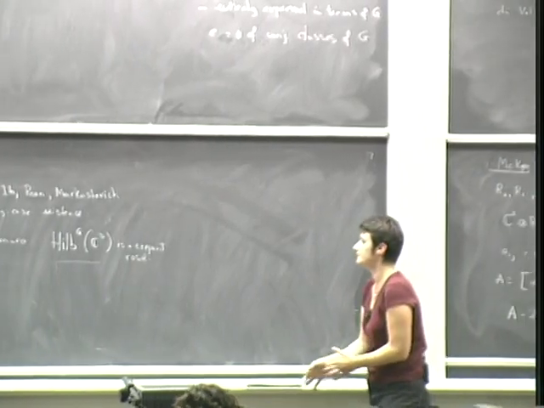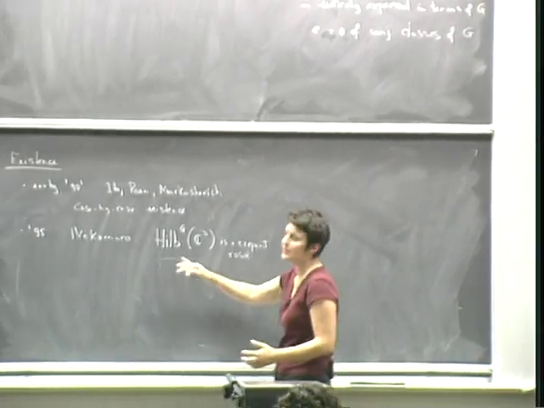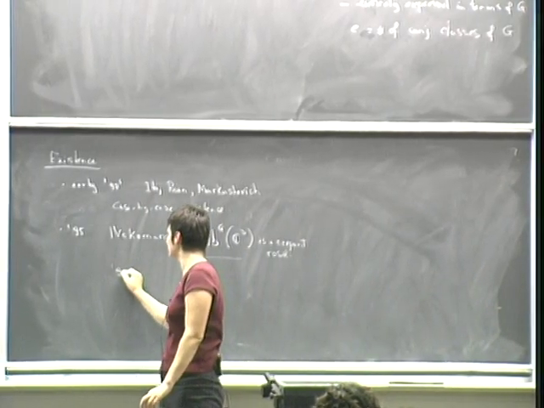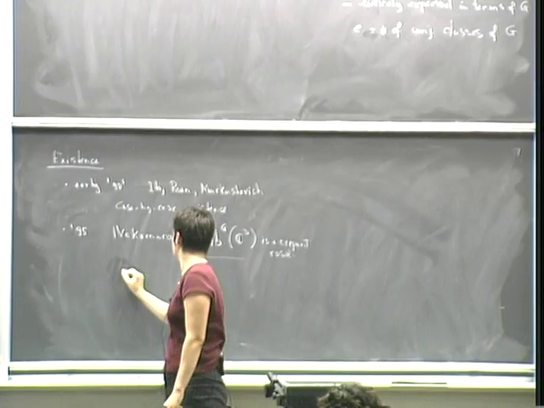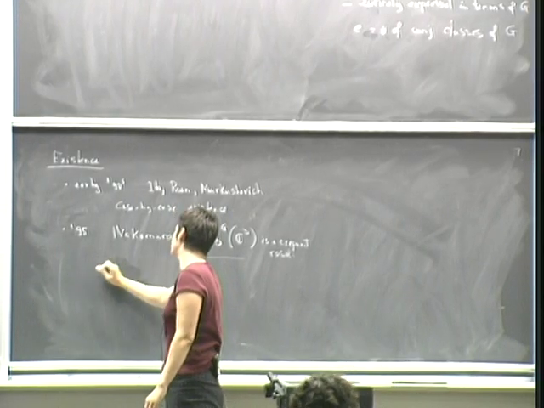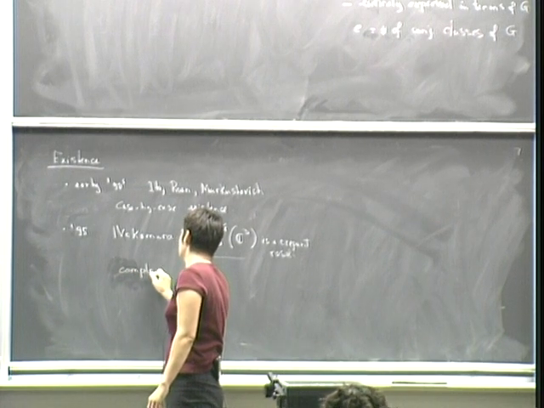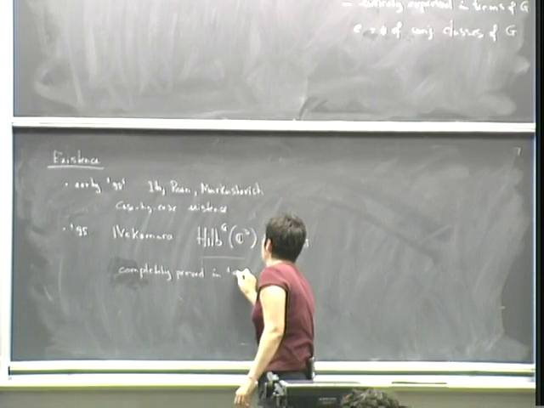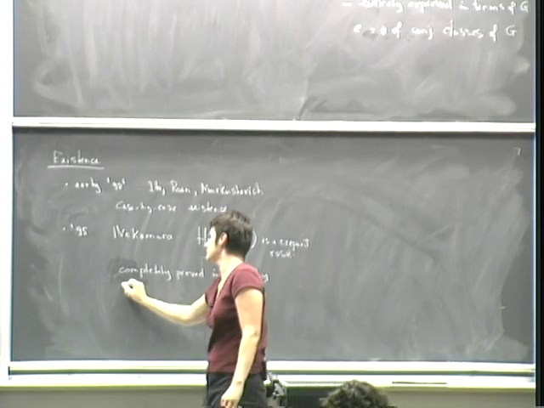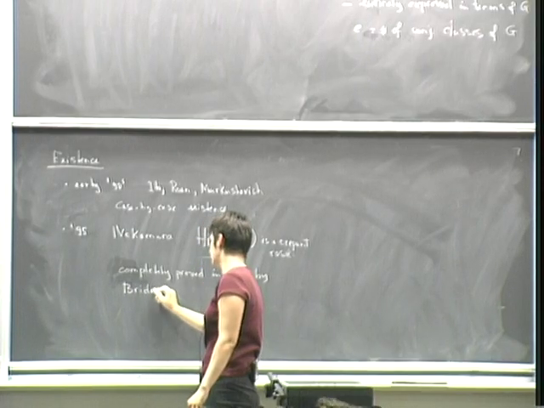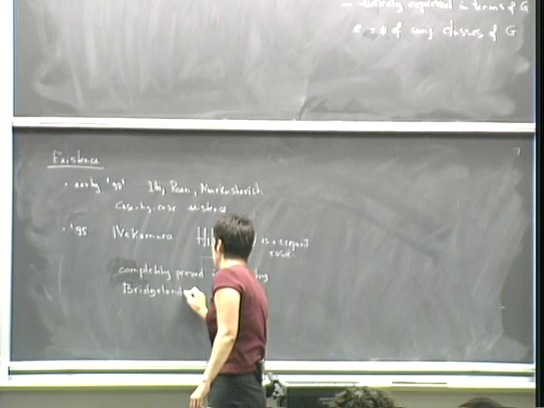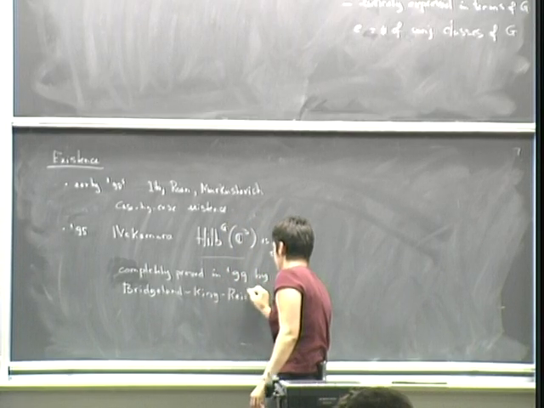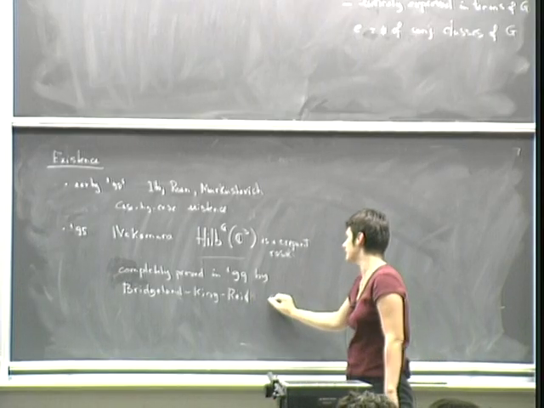It turned out that it was really hard to prove this conjecture, until 99, when it was completely proved by Bridgeland, King, and Reid using derived categories techniques.